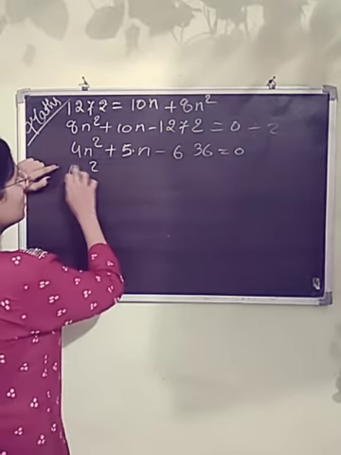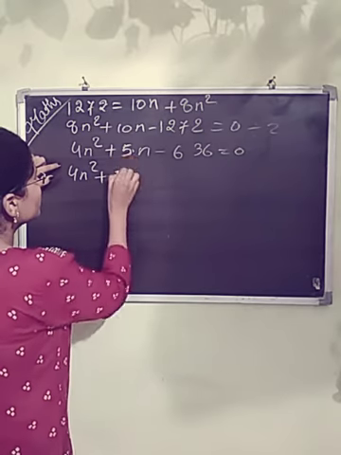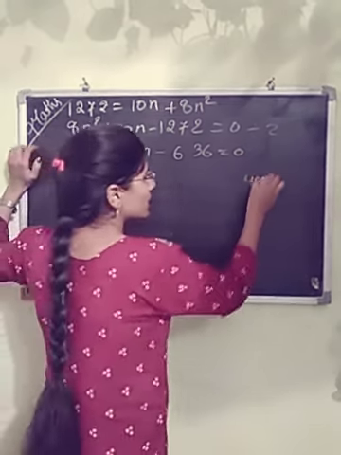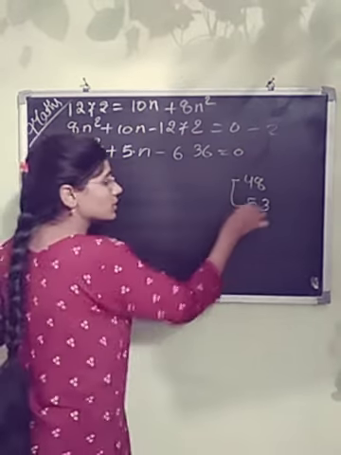So this will be, I can tell you, 48 and 53. This is the combination that we will get.